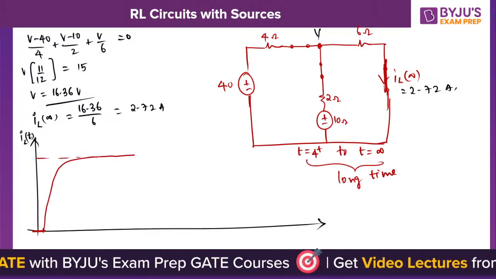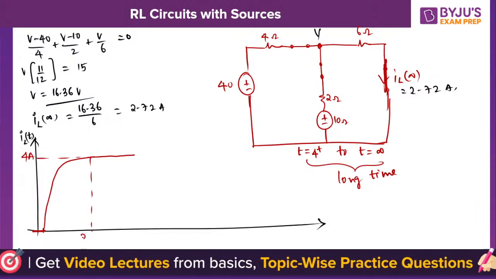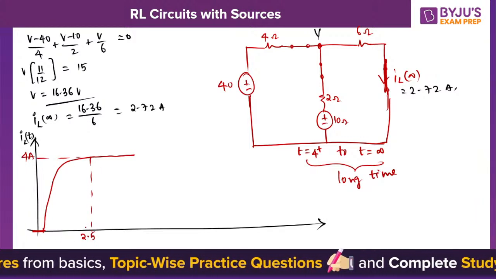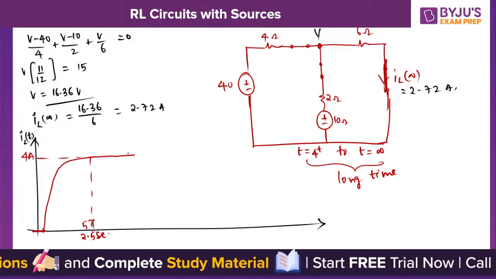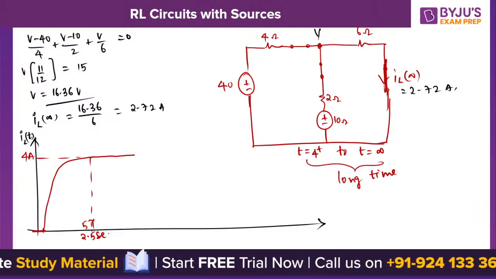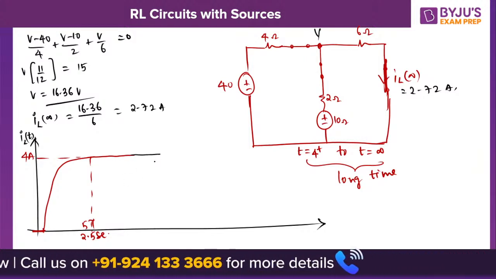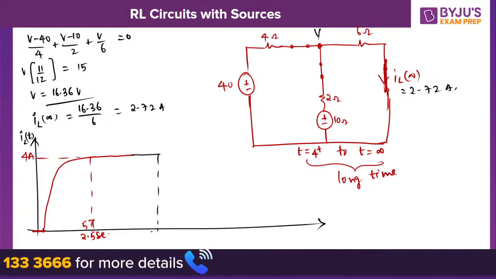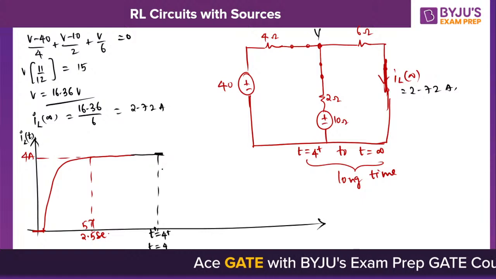Let us assume this is 4 amperes, achieved within 2.5 seconds. Now we are closing the second switch at t equals 4 seconds. At 4 plus, how much will you get? The same current has to flow.